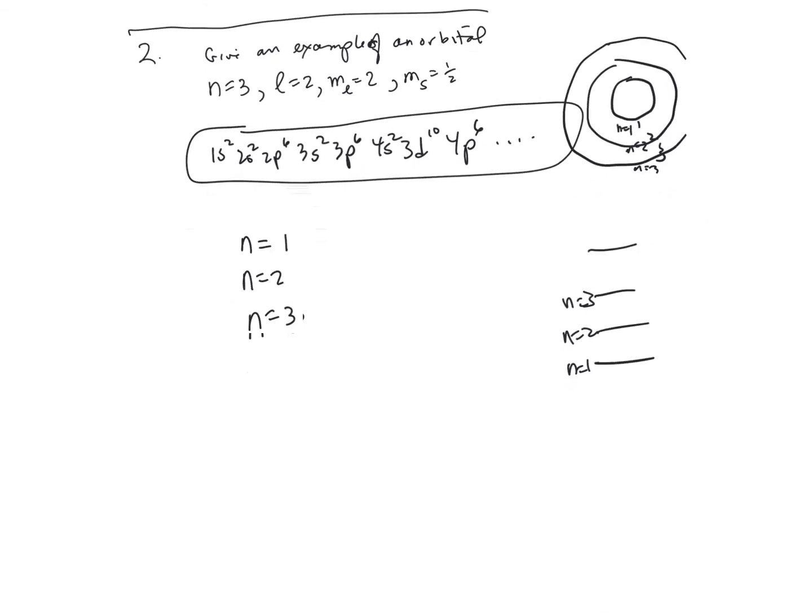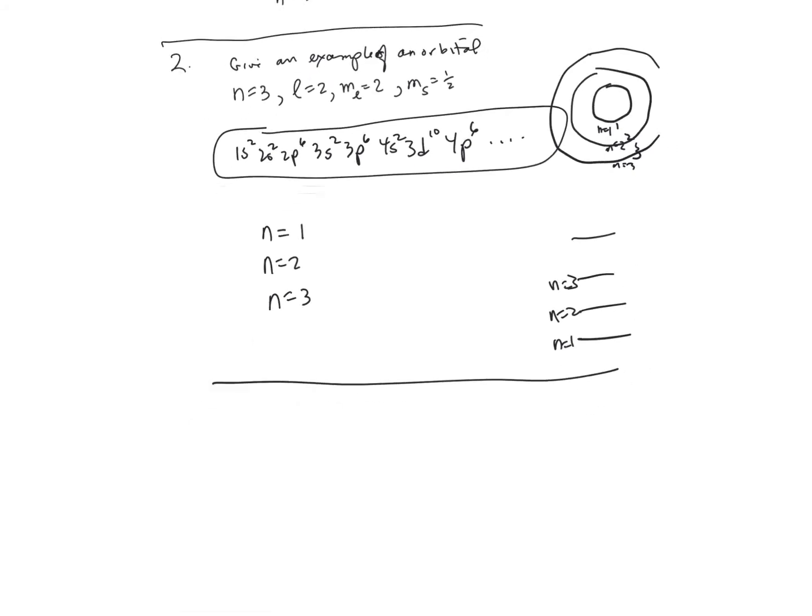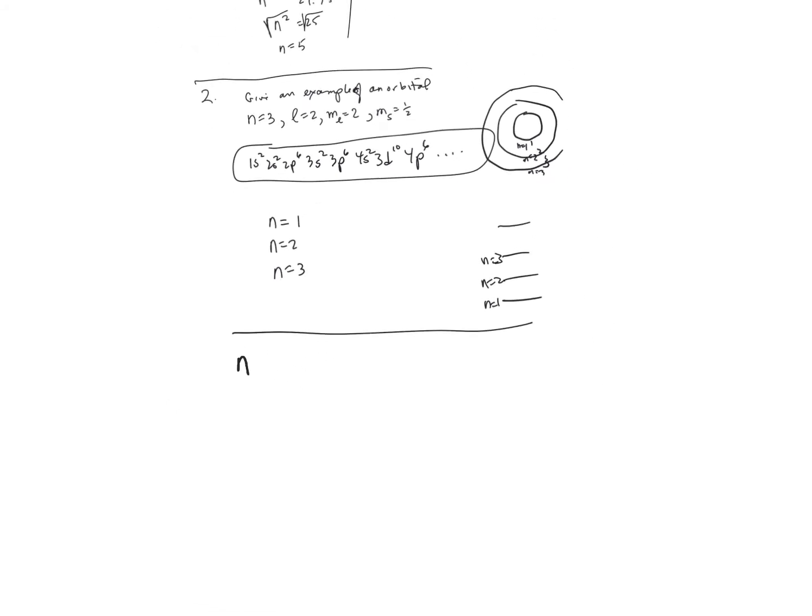Now within the rules of the quantum numbers, you can generate the allowed or possible values of L and M sub L. For example, if n equals 1, L can be equal to 0, all the way up to n minus 1.